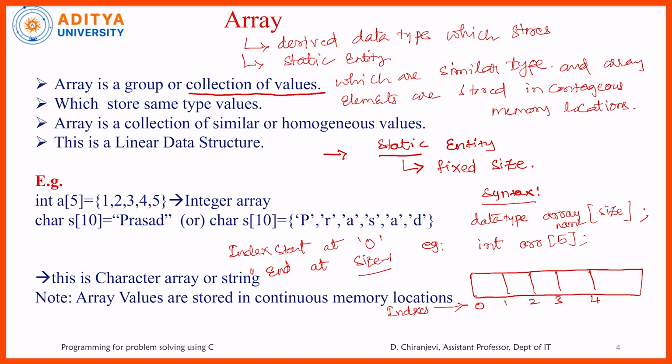Size is the total number of elements which an array stores, and size minus 1 is the last index of the array. If you take 5 as the size of the array, then the last index is 4.